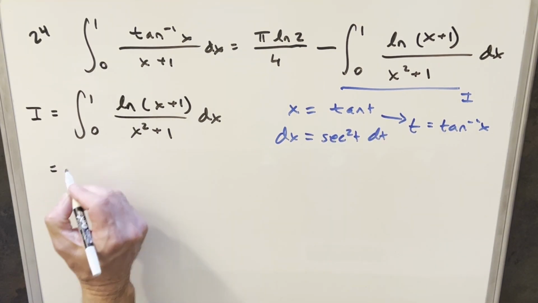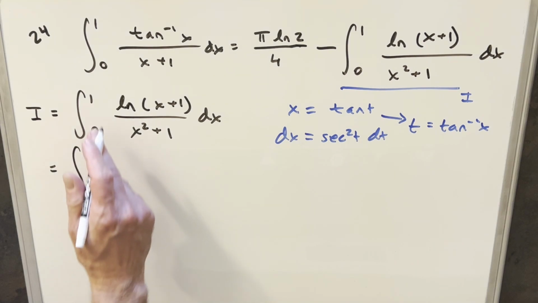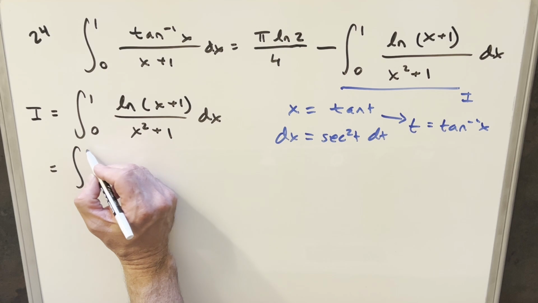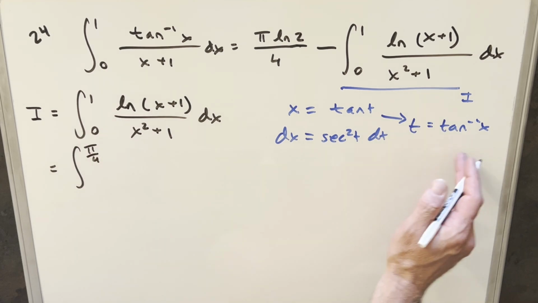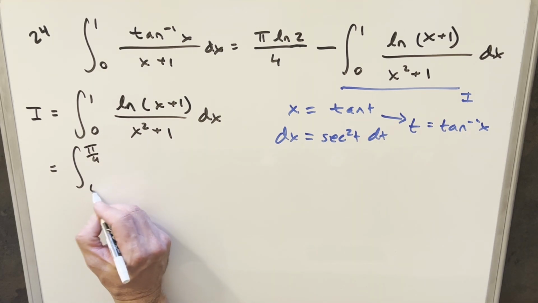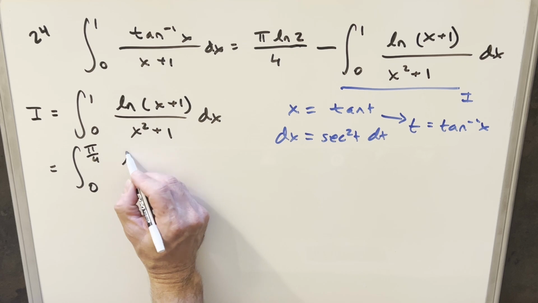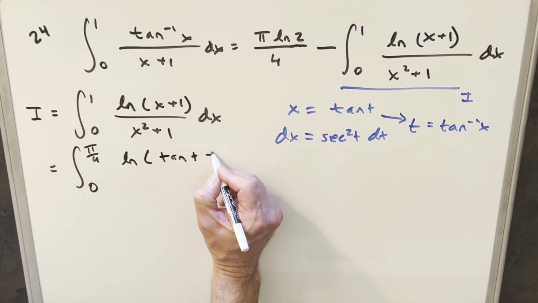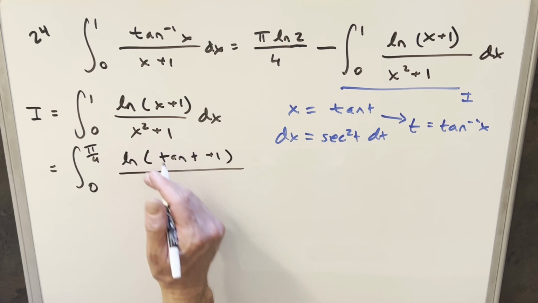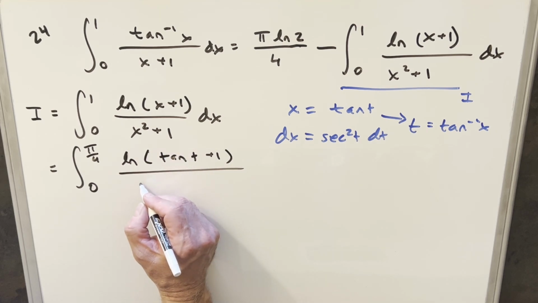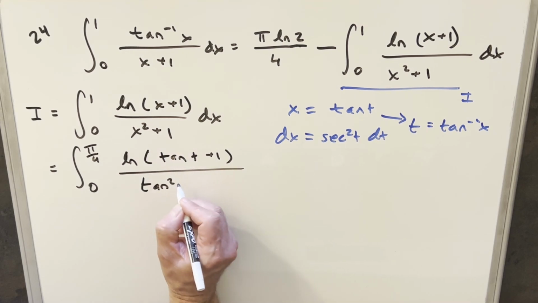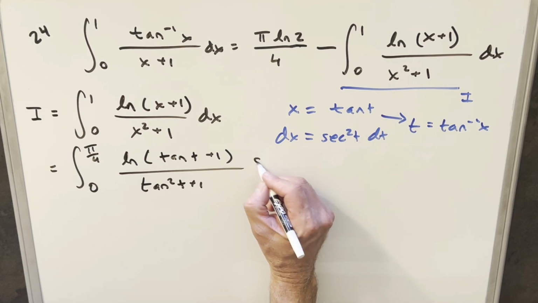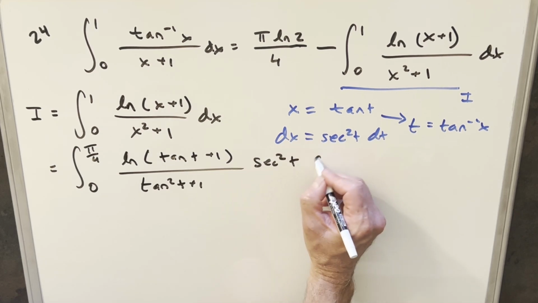So then coming over here, first, let's update the bounds on this. Plugging 1 in here, arctan of 1 is just pi over 4. And then plugging in 0, arctan of 0 is just 0. Then for the numerator, we end up with natural log tan t plus 1. And here for the denominator, this is going to become tan squared t plus 1, but we have this dx here, which is going to be secant squared t dt.